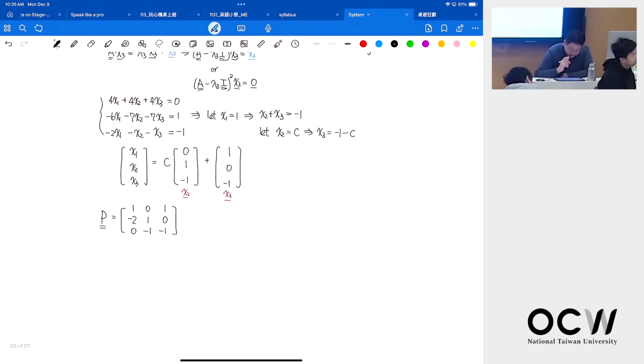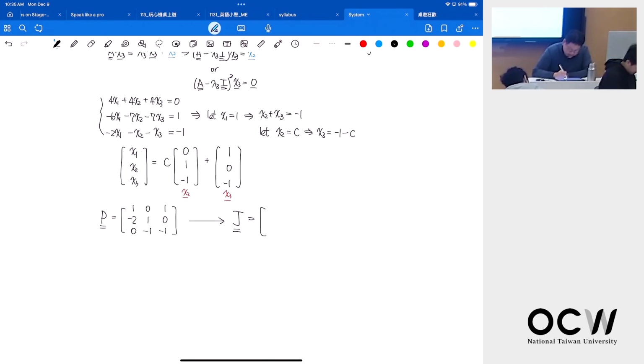This is your matrix P, and since we have repeated eigenvalues and we need generalized eigenvectors, instead of having the diagonal matrix, we have a Jordan block.